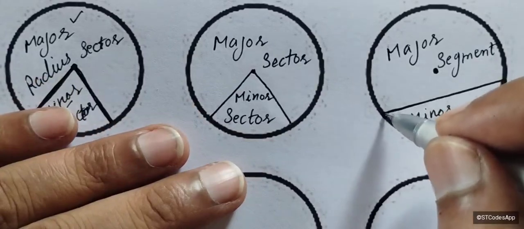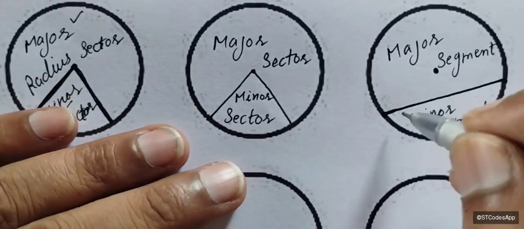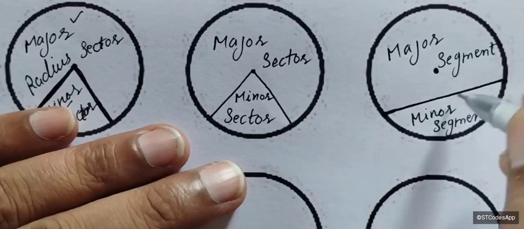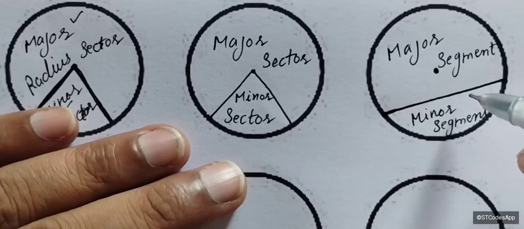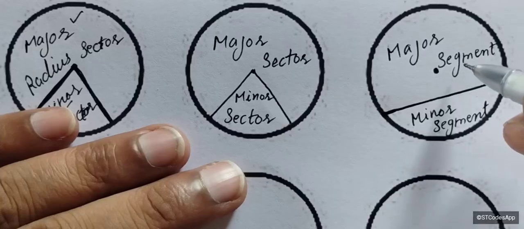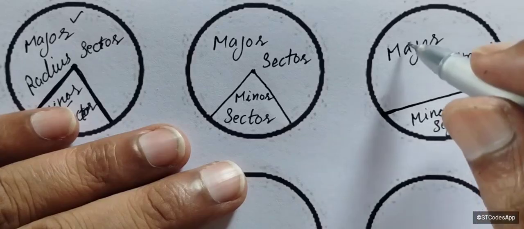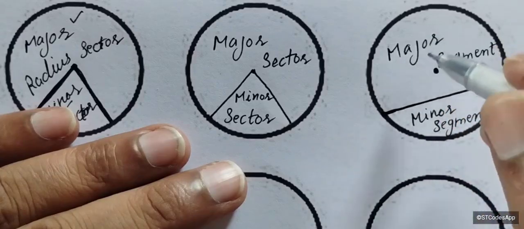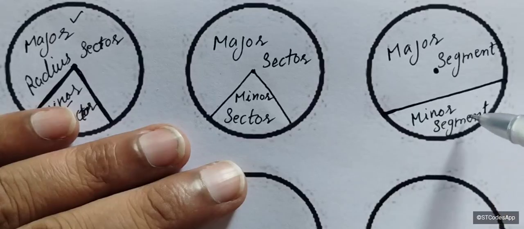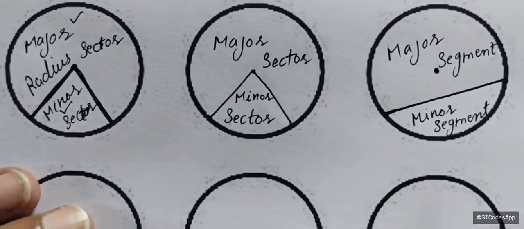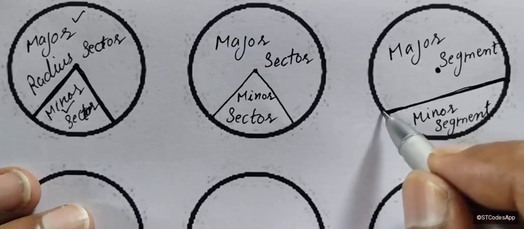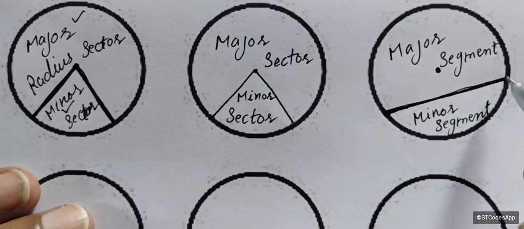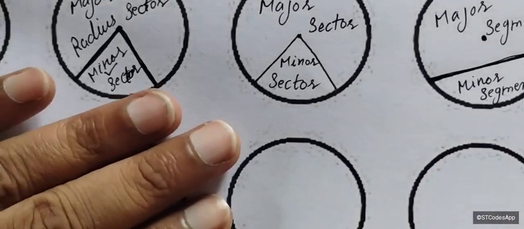When a line touches two sides of the circumference but is not touching the center, going away from the center, the parts which are formed are called segments. One will be a big segment, called the major segment. One will be a small segment, called the minor segment. And this line which we have drawn, the line which is not touching the center, is called a chord.